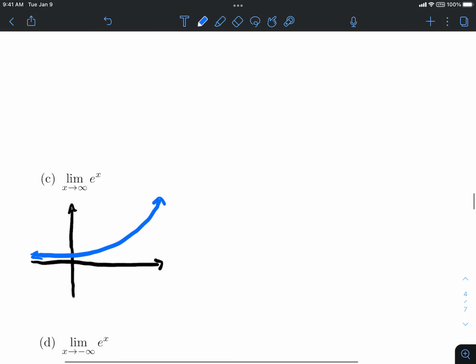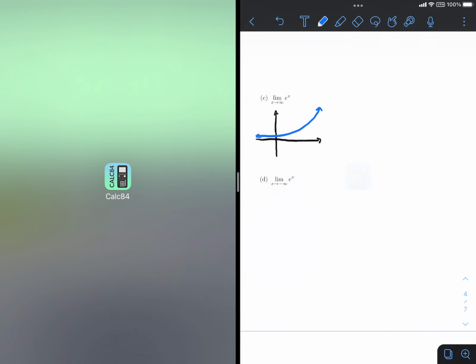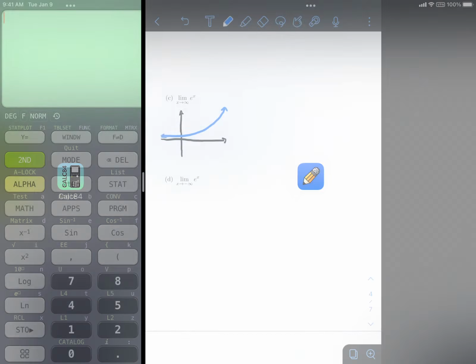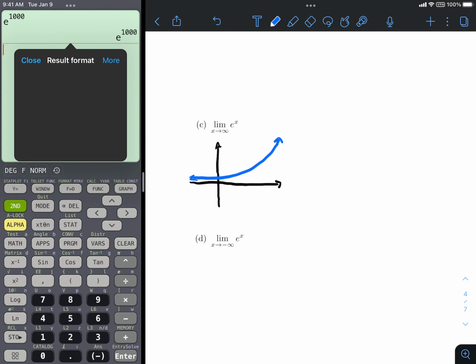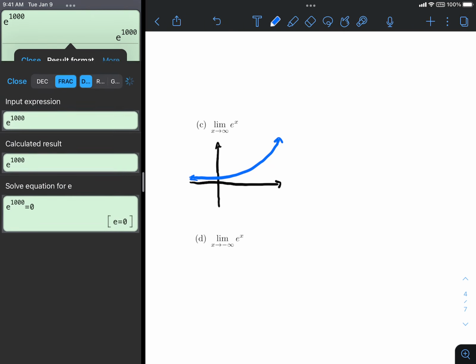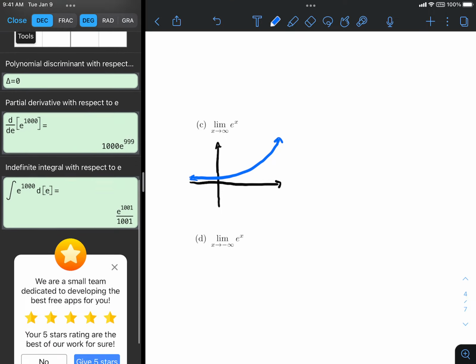And you can see that, let me bring my calculator back. If I plug in some very large value, let's say where's e on that? Alpha, E2. So let's plug in some very large value like 1,000. Why is it not giving me a decimal?